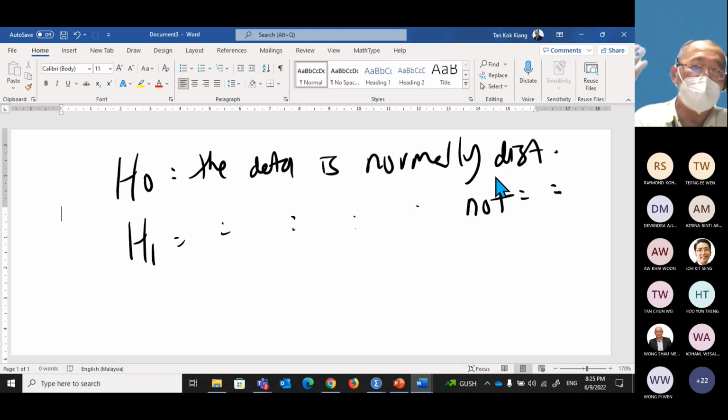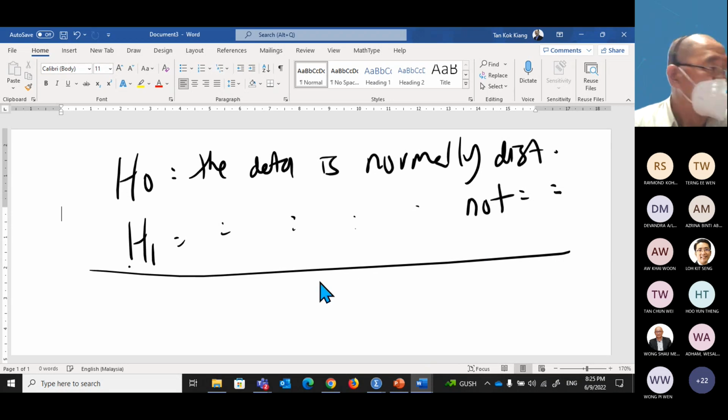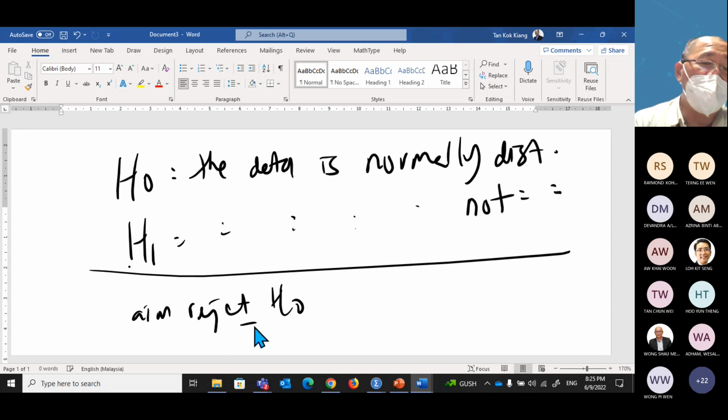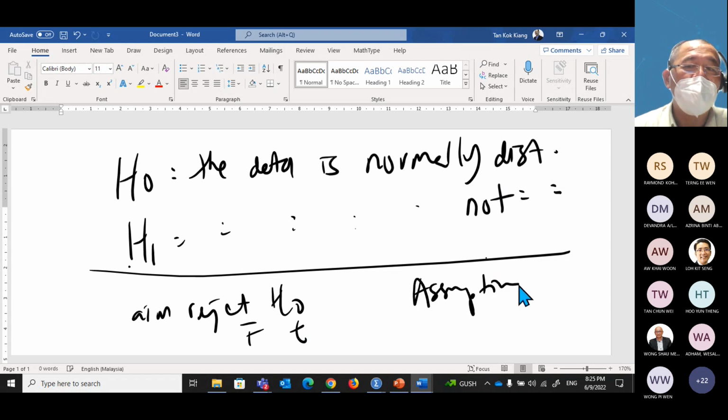In the previous intake, a student asked me about this. In general, we aim to reject the null hypothesis. Let's say for the F test and T test, when we reject the null hypothesis, we are happy. But testing of assumptions is a bit different. For testing assumptions, we aim not to reject the null hypothesis in general.